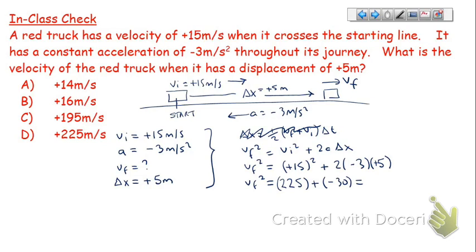So that's going to be 195 by the looks of things, yeah. So I get VF is equal to the square root of 195, which equals, on the calculator, second square root 195, and I'm getting 13.96.